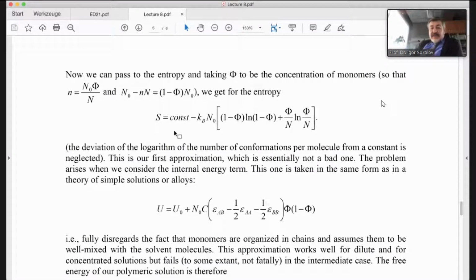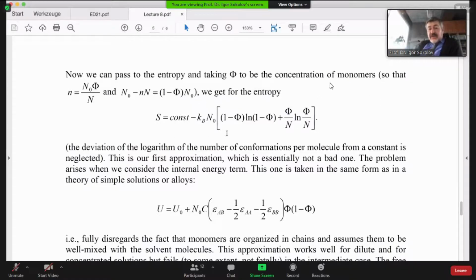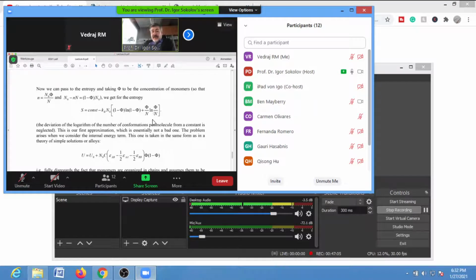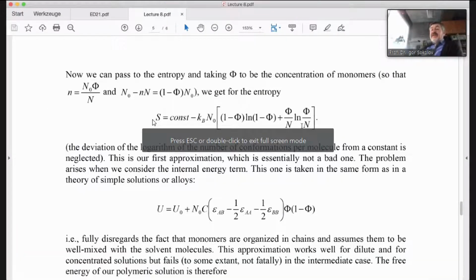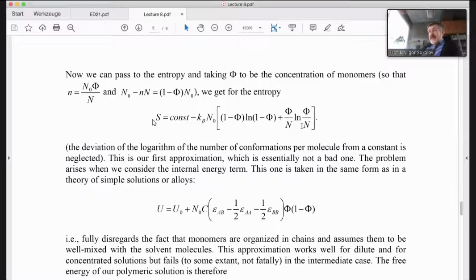What you get is the configurational entropy with the contribution of the polymers, which is practically n times smaller than it would be if the monomers were not connected by the chain.